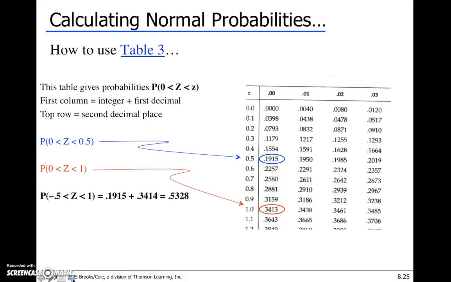How to use table 3. This is really on how to use the tables, and you must take special attention in how to read the tables. This table gives probability values: probability z is less than little z and greater than 0, that's between 0 and the actual value. So the probability that z lies between 0 and 0.5 is given by 0.1915.